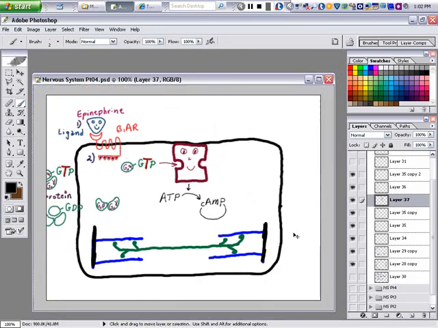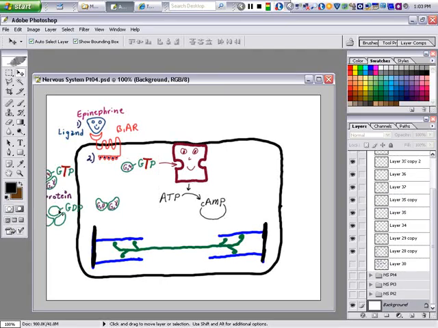Okay, so let's do a quick review. Step 1, epinephrine binds to the beta-1 adrenergic receptor. Step 2, the beta-1 adrenergic receptor becomes activated. Step 3, the G protein with GDP binds to the intracellular part of the beta-1 adrenergic receptor, and then it exchanges GDP for GTP.